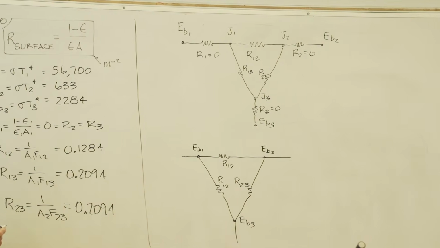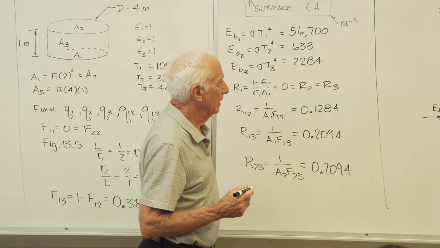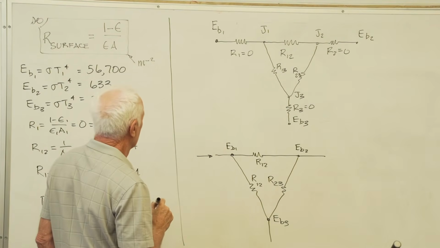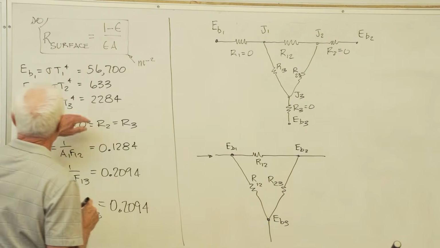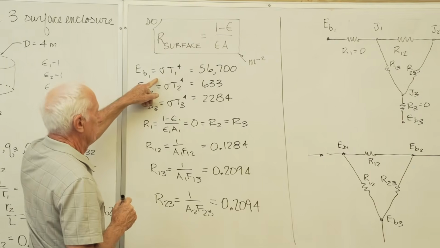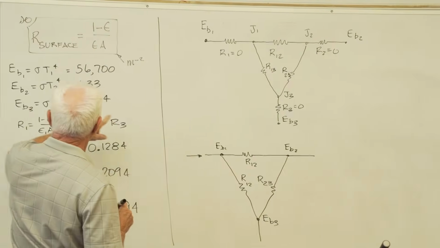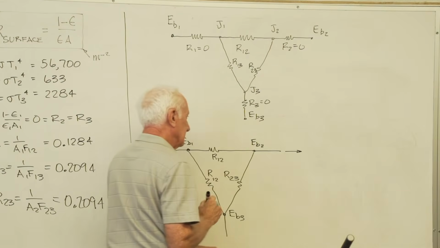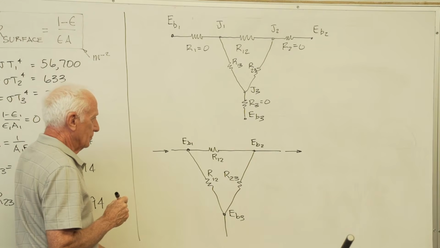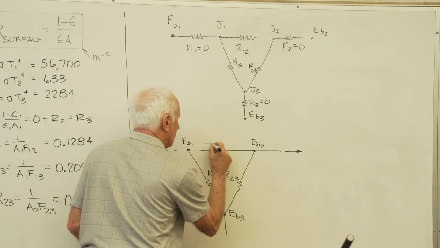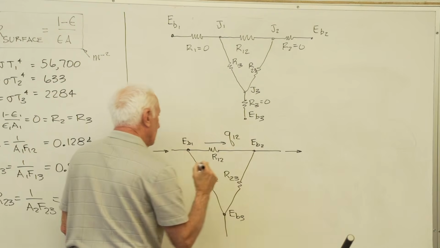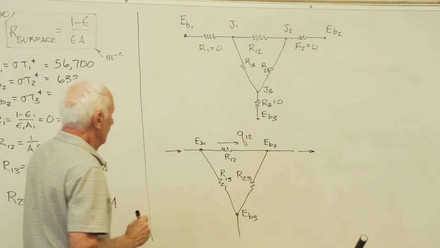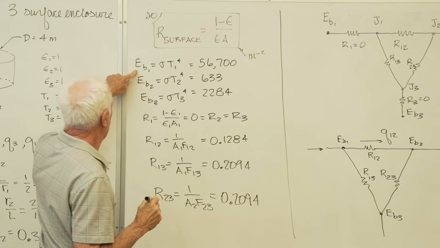Okay. Q1 comes in. What's the hottest temperature? This guy. EB1 goes in. What's the lowest temperature? That guy. He goes out, I know. Which way does Q12 go? From hot to cold. Which way does Q13 go? 1 to 3.